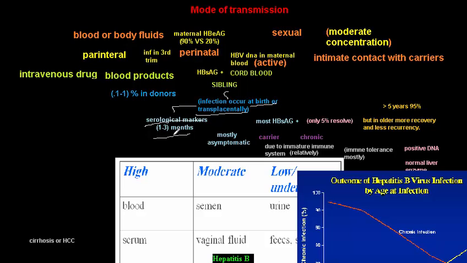So if you examine the neonate or the infant, you may find negative serological markers of hepatitis B, because they will develop after 1 to 3 months.